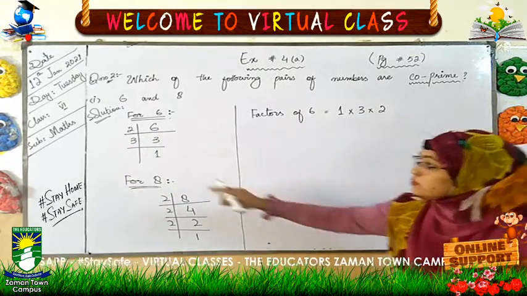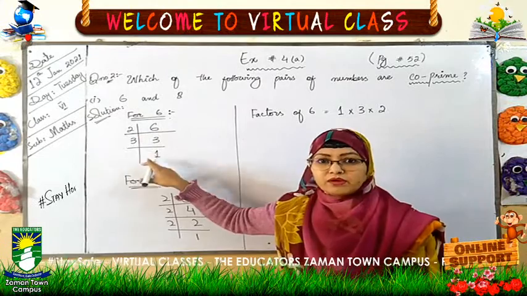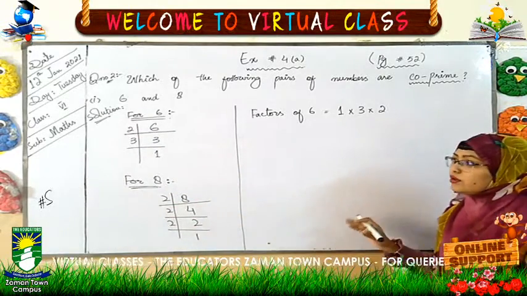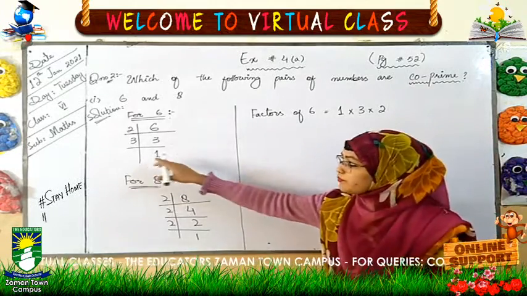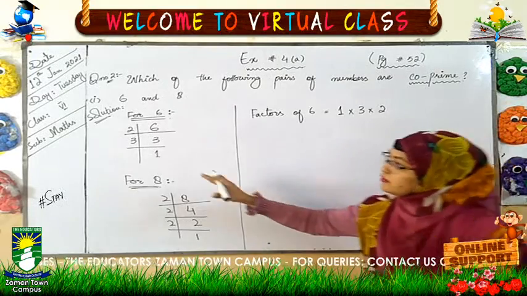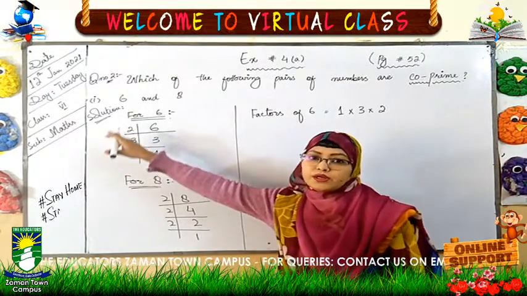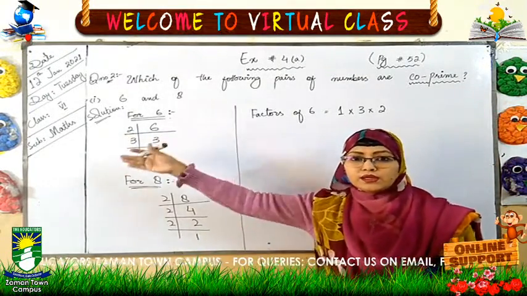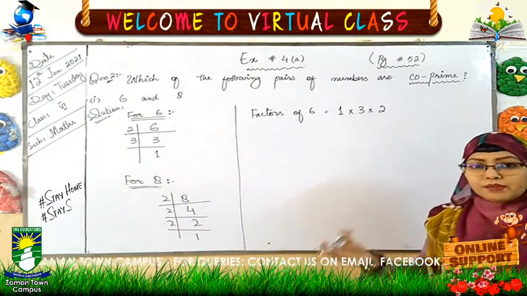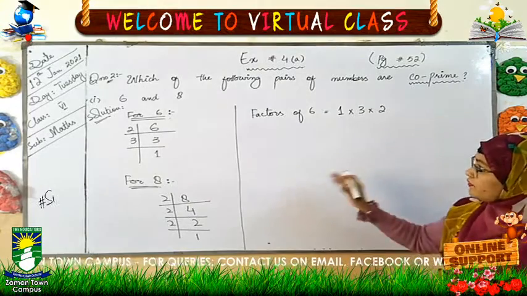Or you can write 2 multiplied by 3 multiplied by 1 as well. You can go in ascending order or descending order; you just have to write down the factors. There is no hard and fast rule, whatever the order or manner we use, it does not affect the answer.